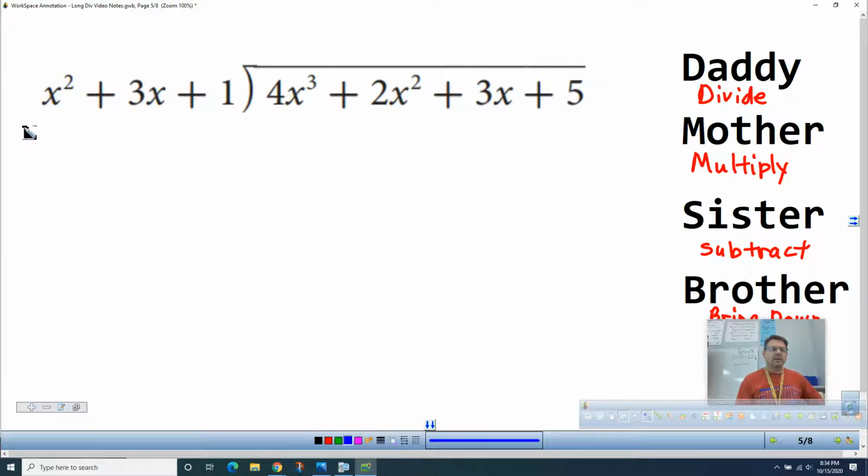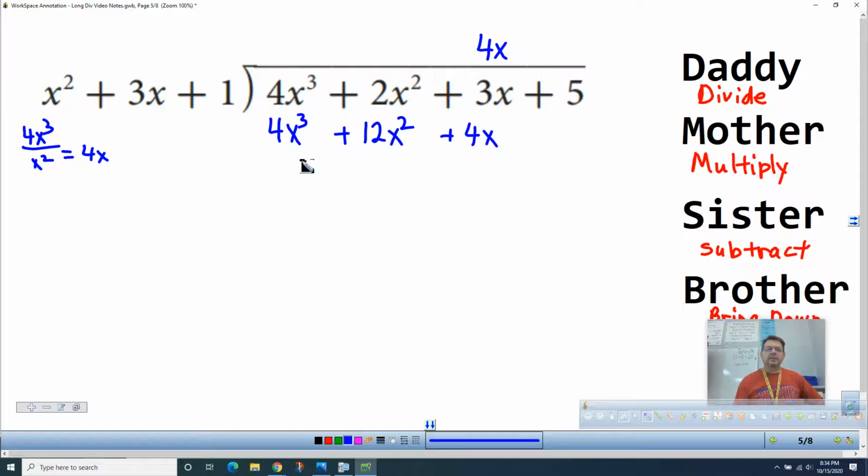So we're going to take 4x to the third divided by x squared. Leaves me with 4x. So I'll put my 4x up here. So that's my daddy divide. Now we do our mother multiply. 4x times 4x squared is 4x cubed plus 12x squared plus 4x.